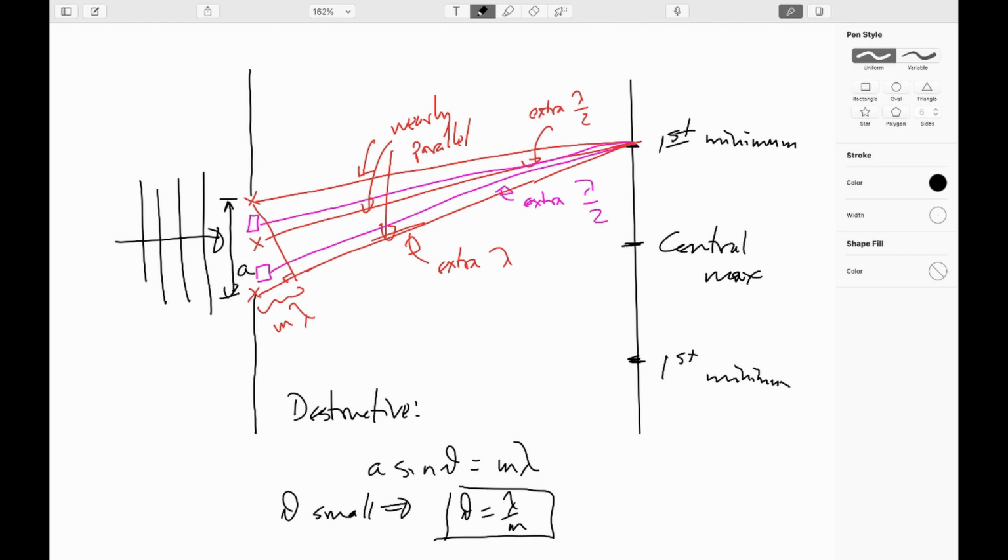But what winds up happening in a real-world double slit experiment is you get the single slit diffraction pattern superimposed on top of the double slit pattern, and so some of the peaks will be brighter and some will be dimmer. I consider this beyond the scope of this presentation, but I figured you should be aware that that does happen when you actually do the experiments.